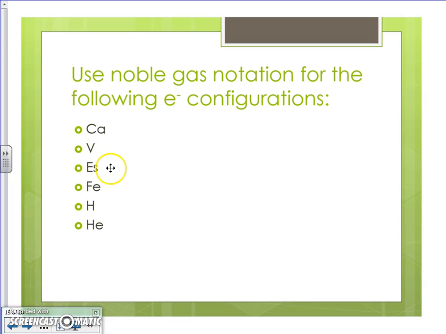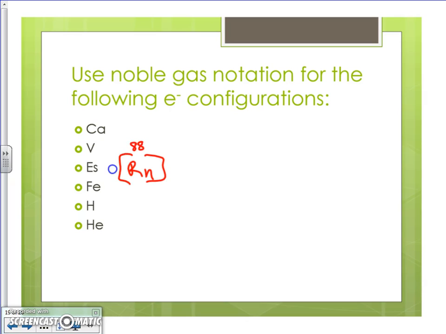So if we look at Einsteinium, kind of a weird one. Another hint is go find the noble gas that is really close to, but has fewer than, your electrons. So Einsteinium had 99 electrons. If I go to my periodic table and look, the noble gas with the closest number of electrons is radon, which has 88 electrons.